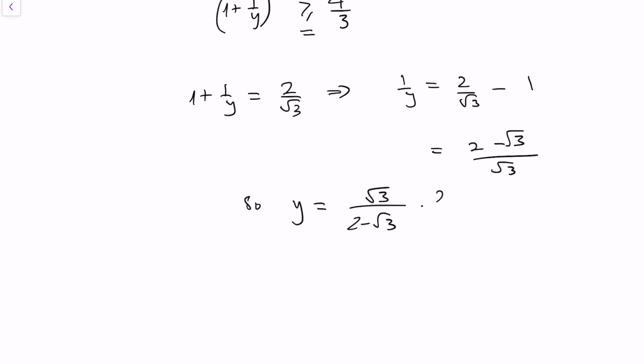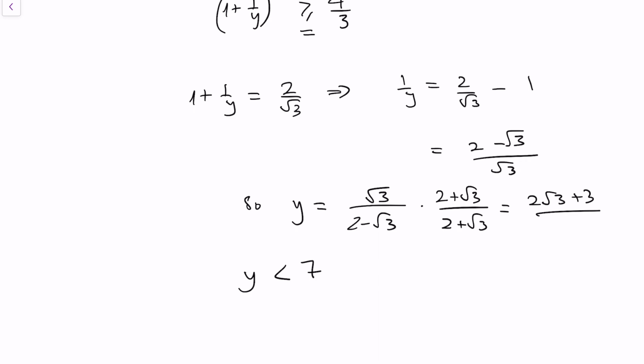Let's rationalize the denominator by multiplying by 2 plus root 3, that will give us 2 root 3 plus 3 over 1. So what is 2 root 3? Well, it's 3 point something, and we're adding 3 to it, so it's 6 point something. In other words, we must have y to be less than 7. In other words, the maximum value we could give to y will be 6.